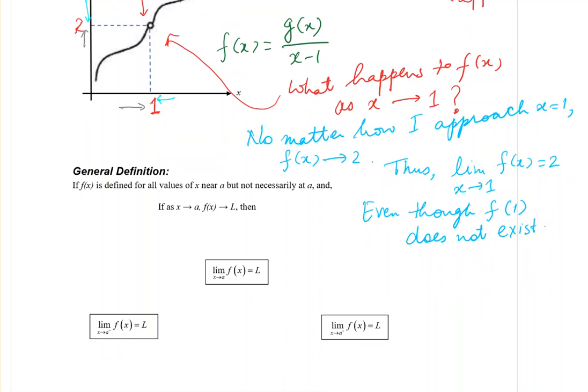L here is a real number. When the function approaches a real number that is defined, if we have a finite real number, then we say that the limit exists, and L is the value of the limit of the function.